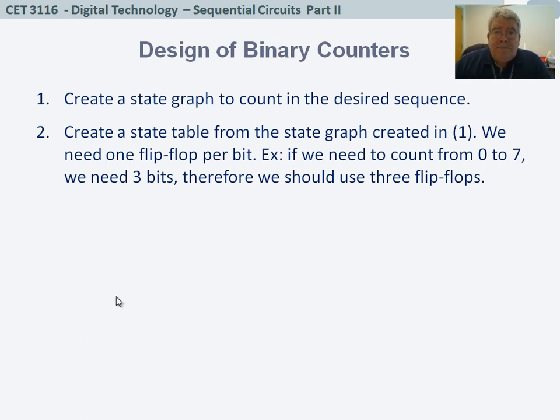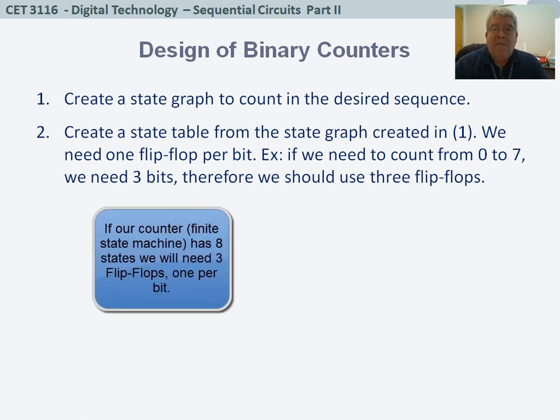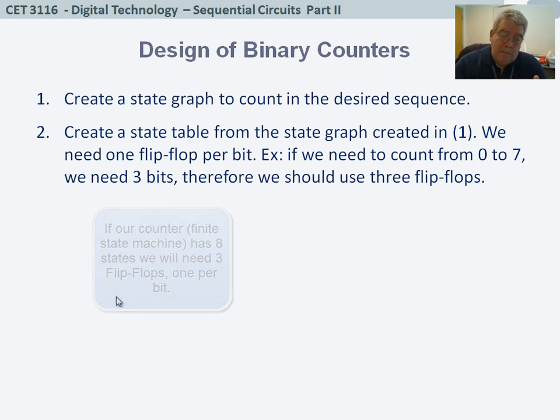Right? Now, once we know the number of bits for that particular counter, or better yet, the number of states if we're generating a generic finite state machine, then we know that we will need one flip-flop per bit. So for instance, if we have a graph that has 8 different states, it will be enough to handle that finite state machine with 3 flip-flops.